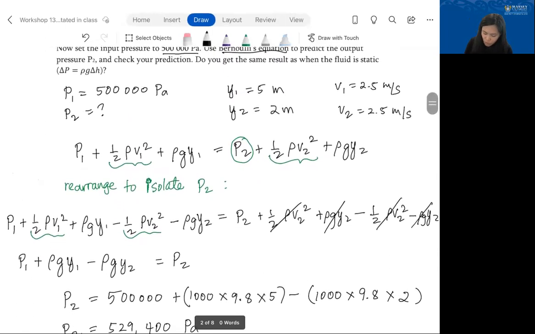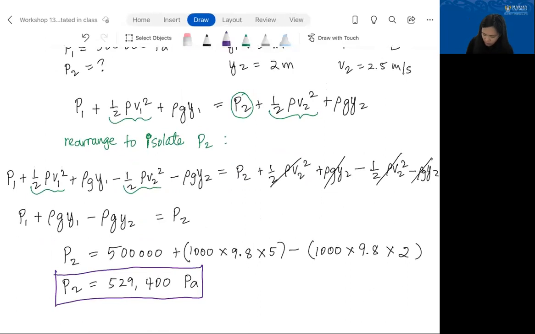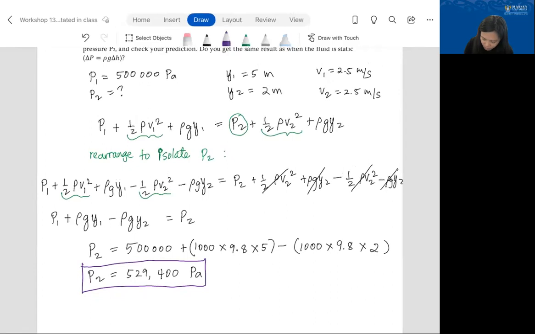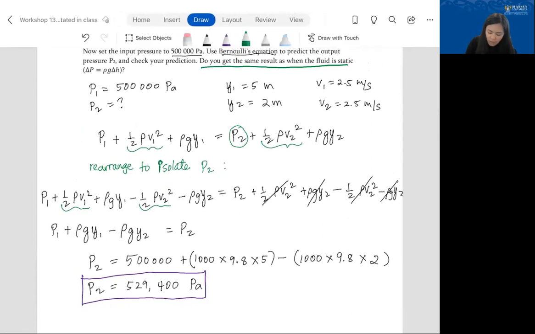The next problem is, do you get the same? Yeah, so we can already have that as our answer for P2. The follow-up question is, do you get the same result when the fluid is static? Meaning, if you solve for change in pressure, delta P, so this one is the change in pressure, or P2 minus P1.